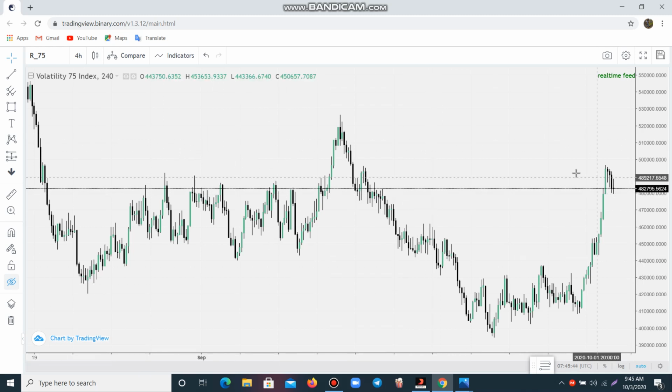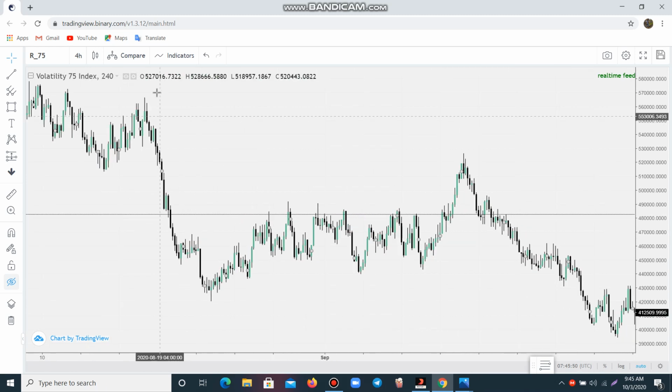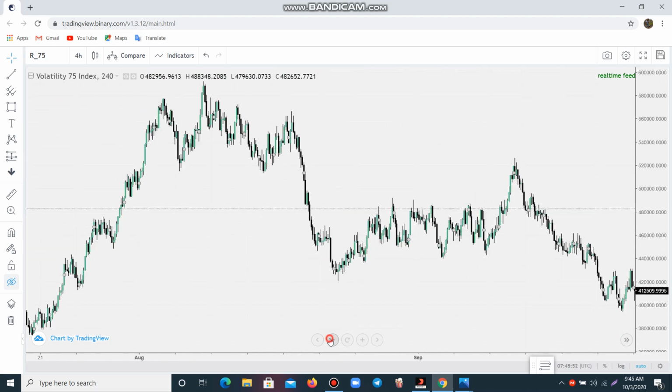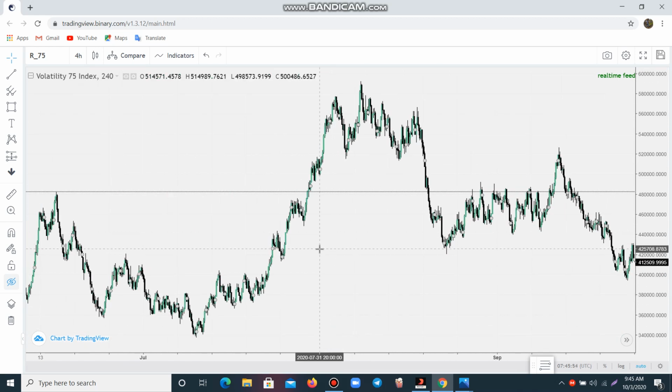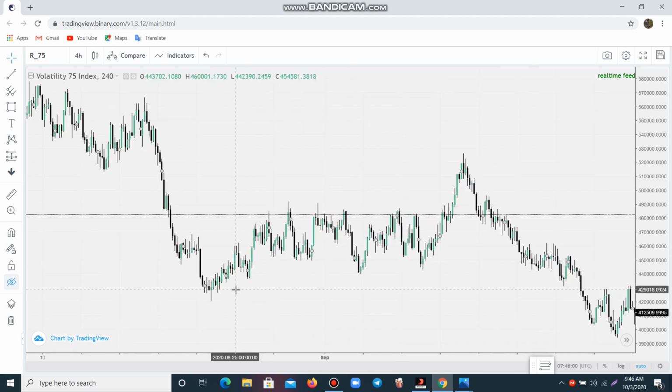If you check properly, we've got this market that made a stop on this area. If we zoom in properly, you see where the market made a stop because we've got inefficiency here. The market stopped and started going up. When the market is going up, you see this block here.